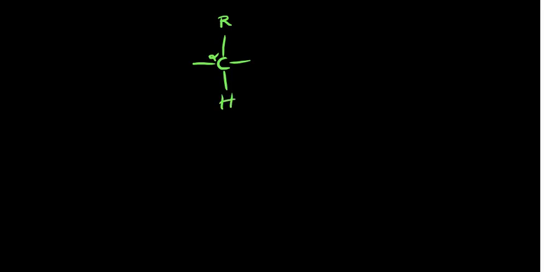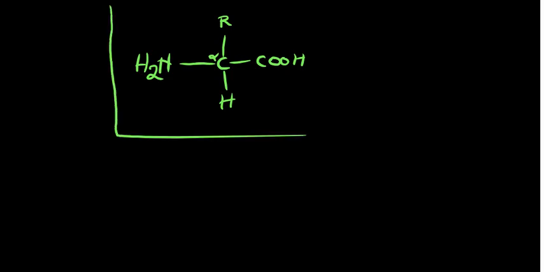Then we have a carboxyl group here. Then here, that's where now you're going to have the amine group. So we have NH2. Yeah, so this is the general formula for amino acids, the general structure of amino acids.